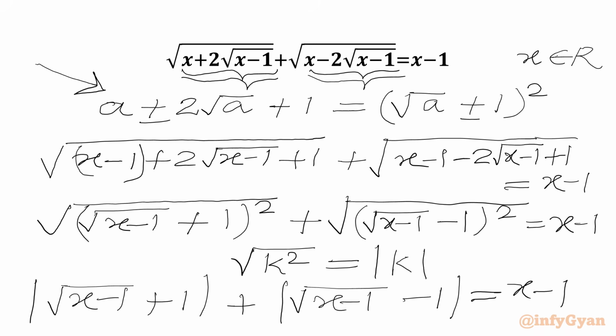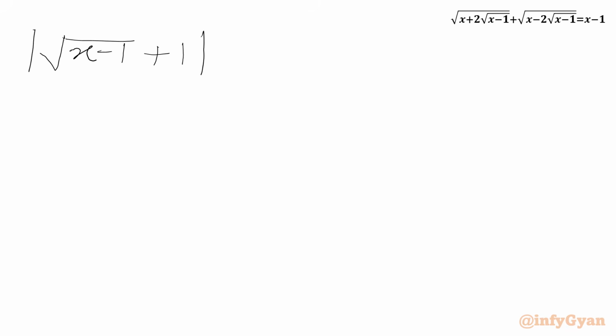Now we will use substitution. So let me write equation 1: square root of x minus 1 plus 1 plus mod of square root of x minus 1 minus 1 equal to x minus 1.